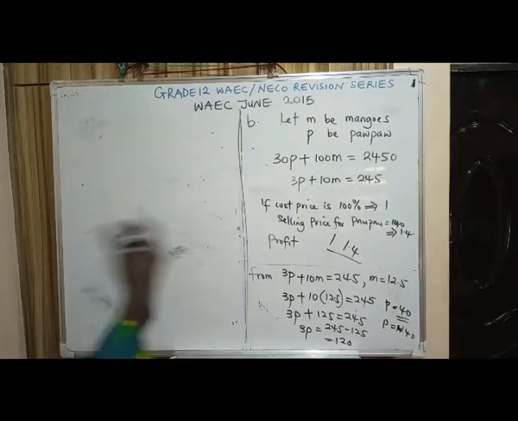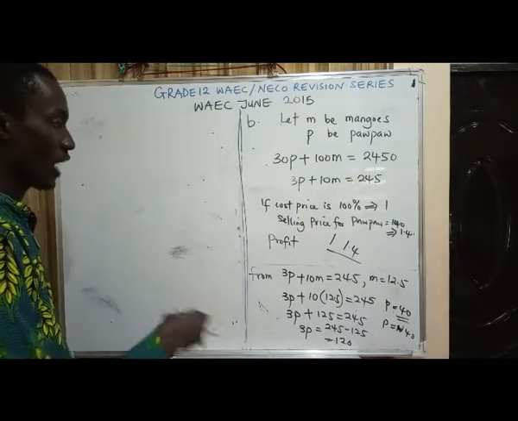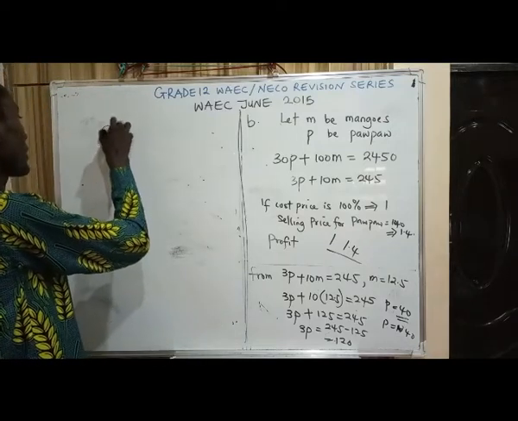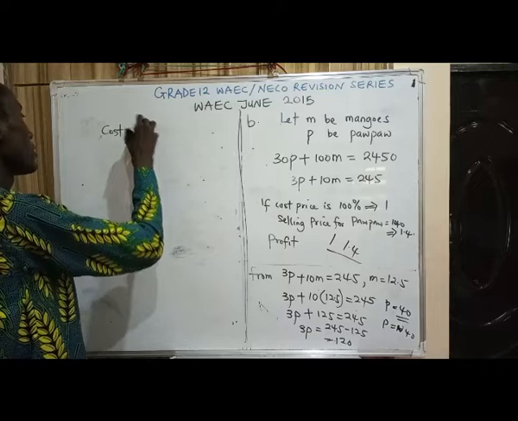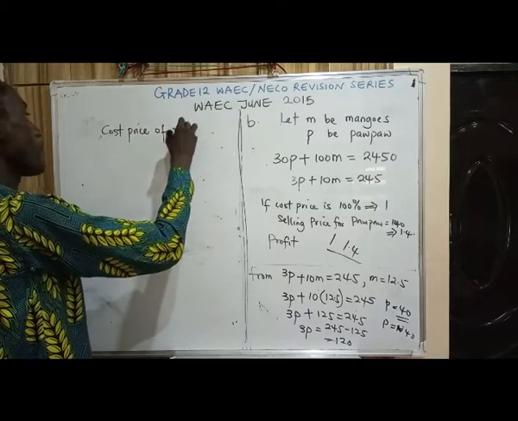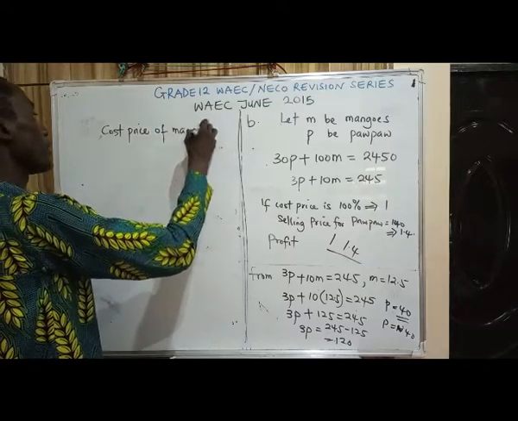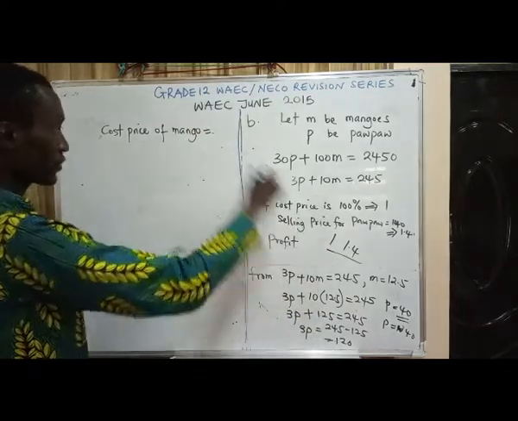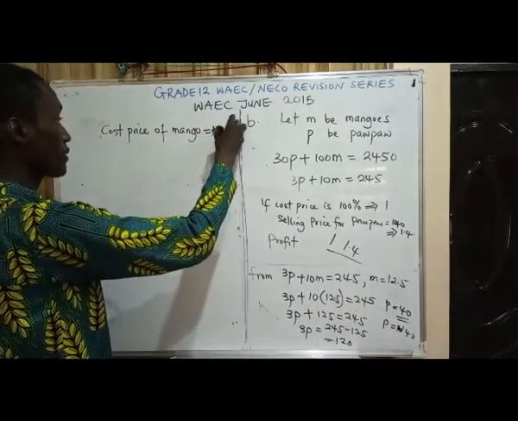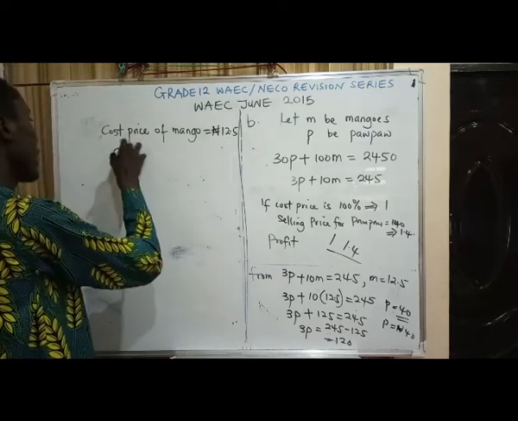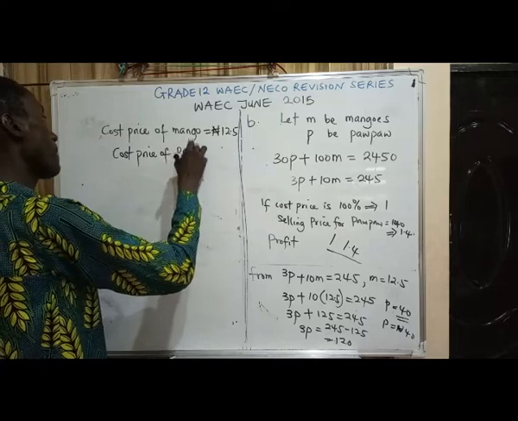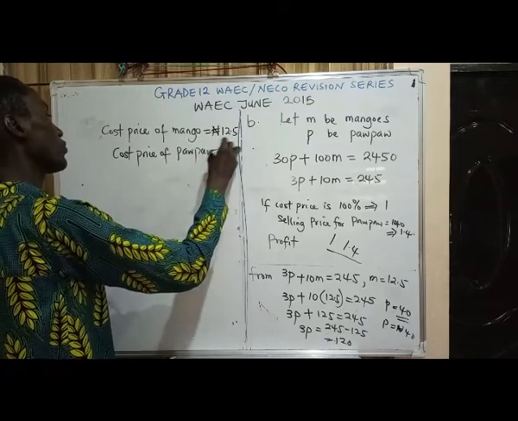Okay, so you see that we made some mistakes in the course of solving and we were able to spot and correct them. Now we discovered that the cost price of mango will be equal to 12 naira 50 kobo, and the cost price of pawpaw will be equal to 40 naira.